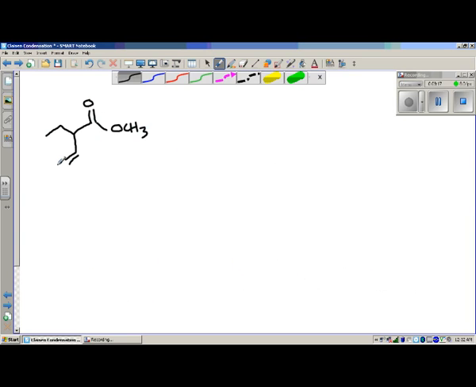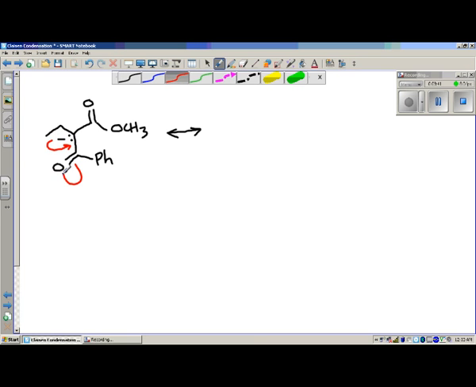So when I draw that out, I have my electron pair, and there is my negative charge. That's my enolate. Just to make sure everybody is clear about this, the enolate exists in 2 forms, and we've already seen this.